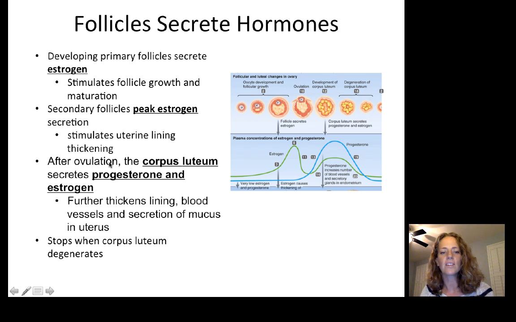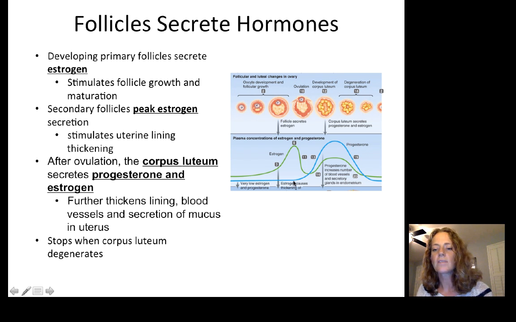After that, ovulation will happen, and ovulation will leave behind the corpus luteum. The corpus luteum now knows that an egg has been sent out into the world to find its mate, right? So the egg is now traveling through the reproductive tract looking for sperm, and the corpus luteum stays behind and secretes progesterone. Progesterone is supportive of pregnancy.